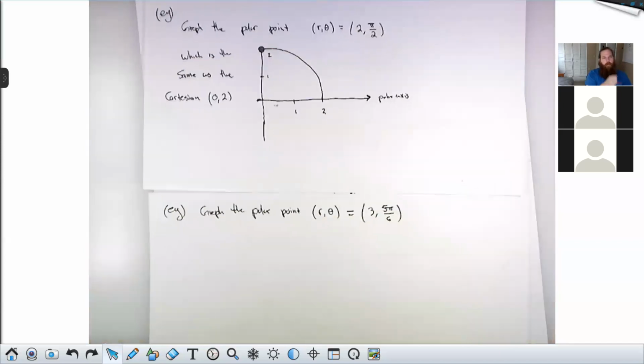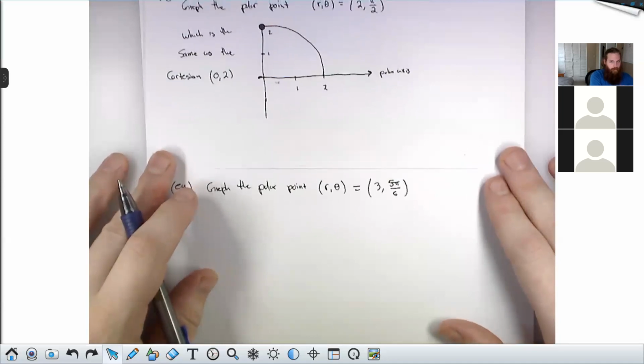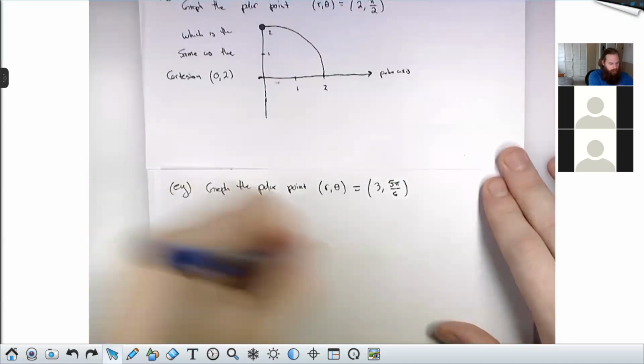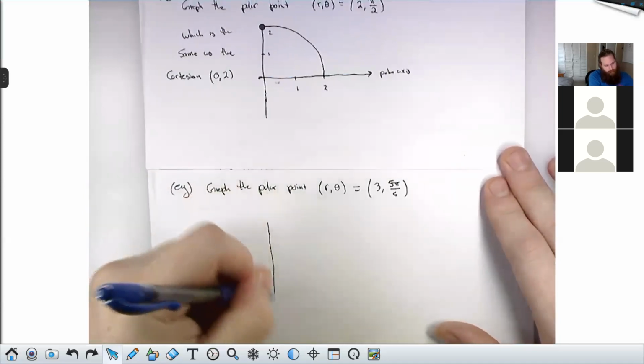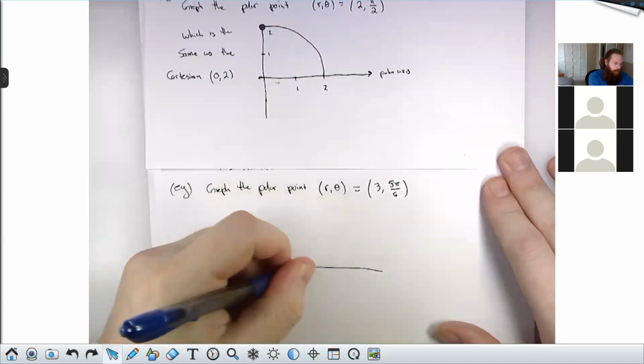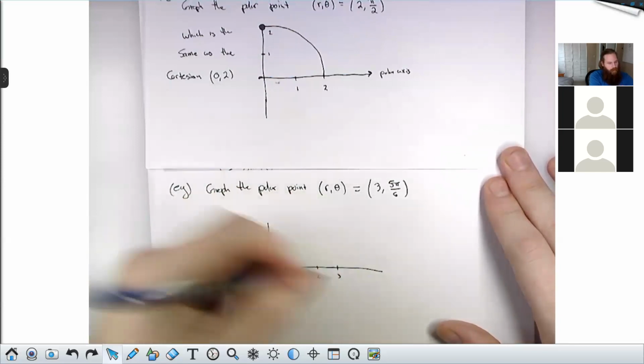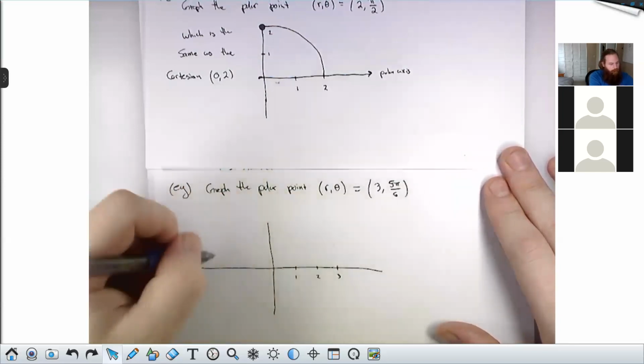Three comma 5 pi over 6. Let's graph him. Okay, so I go out 1, 2, 3. And then I rotate all the way around 5 pi over 6.